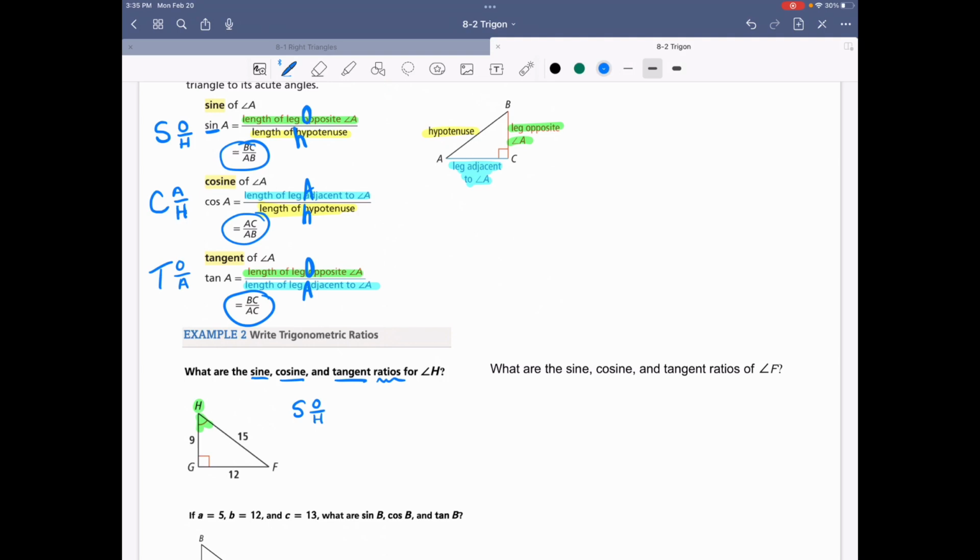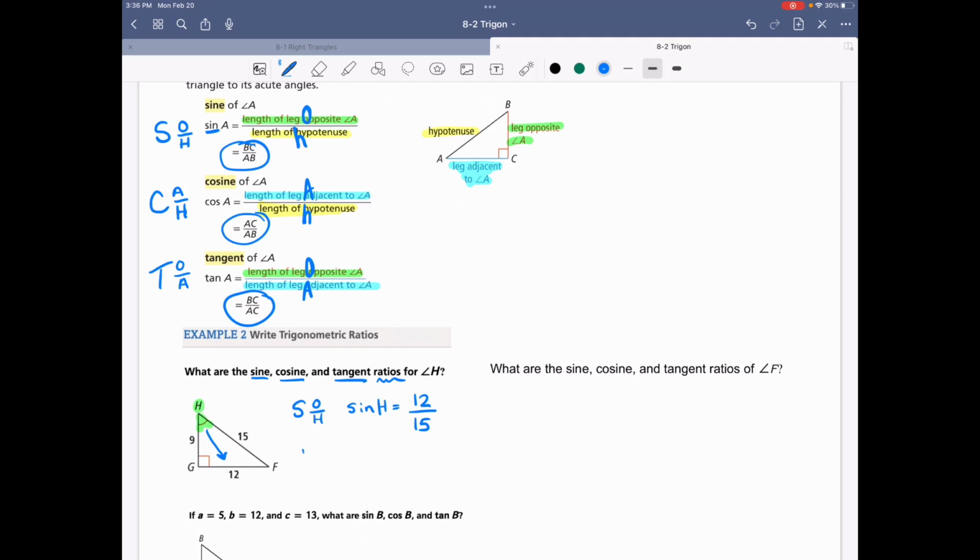So the sine of H is going to be equal to the opposite side of H. The opposite is 12, and the hypotenuse is 15. Okay? So opposite is the side the angle points to, or the side that points to the angle.